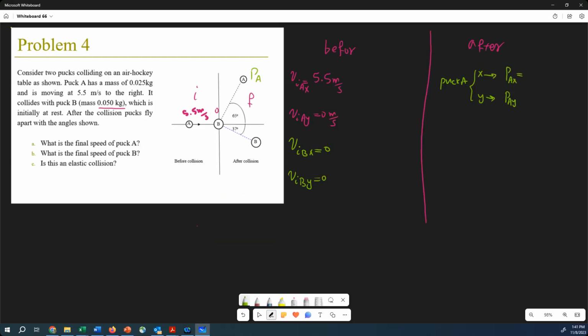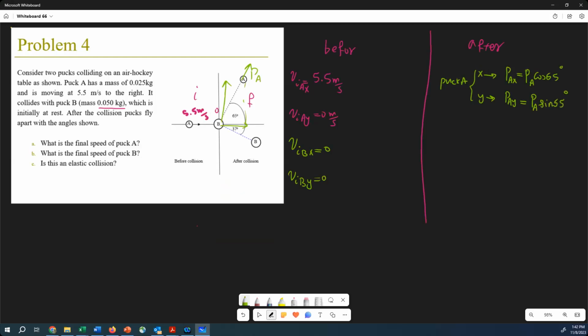If this is a PA, PAX is going to be PA cosine 65. I'm just finding its X component and Y component, yes? Make sense? PAX is going to be PA cosine 65. PAY is going to be PA sine 65.